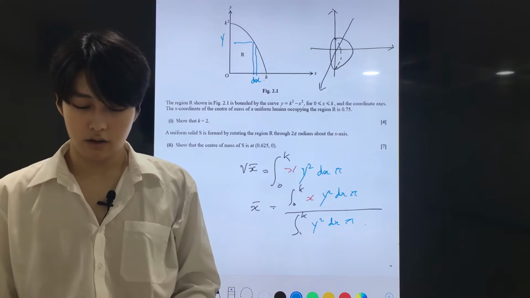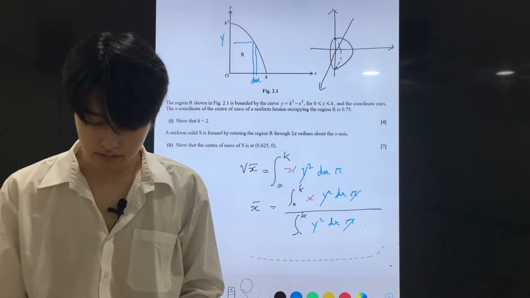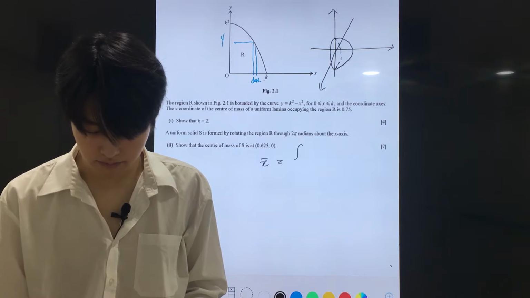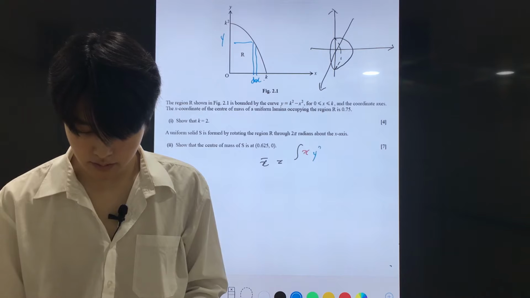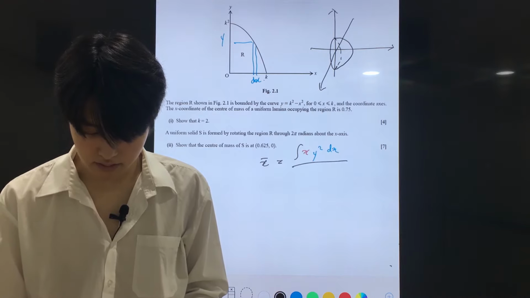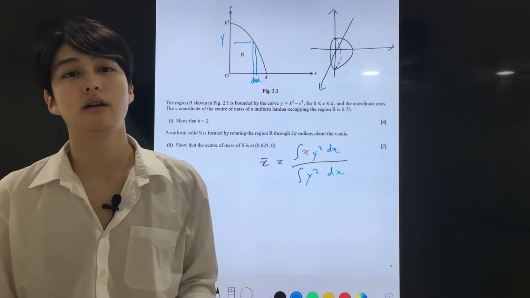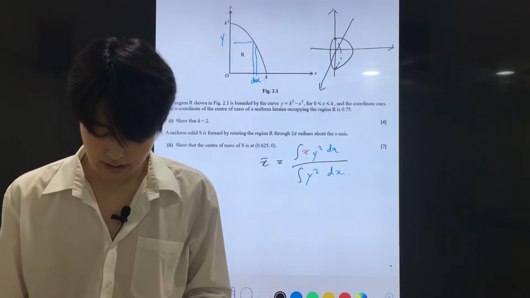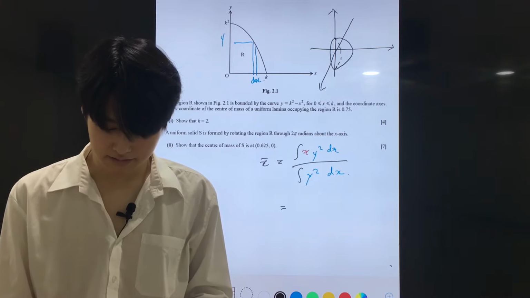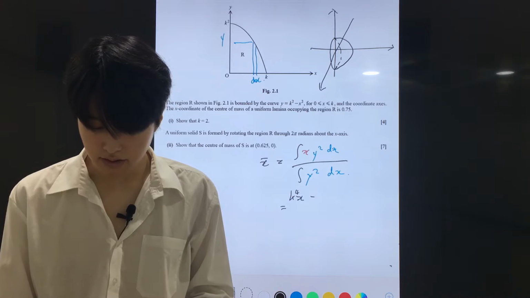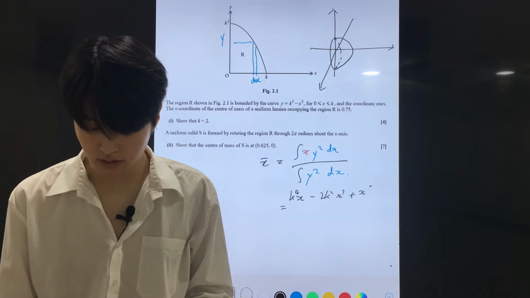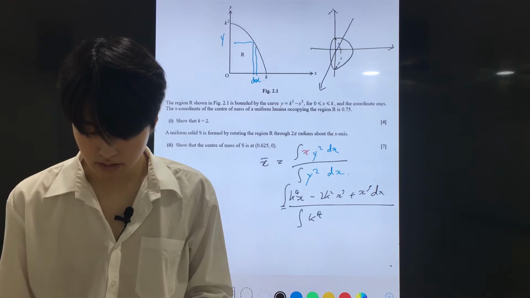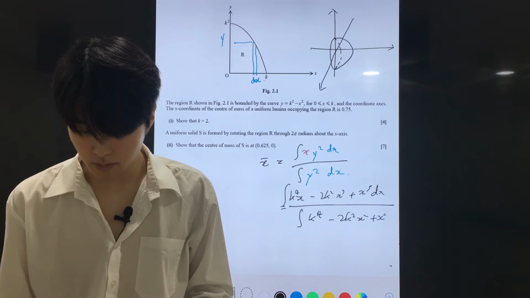Now, the pi's cancel out, so if we simplify, x bar is equal to the integral of x y squared dx over the integral of y squared dx. Now, y squared is just k to the 4 minus 2k squared x squared plus x to the 4. And then if we integrate, we get k to the 4 x squared over 2 minus 2k squared x to the 4 over 4 plus x to the 6 over 6, over k to the 4 x minus 2k squared x cubed over 3 plus x to the 5 over 5.